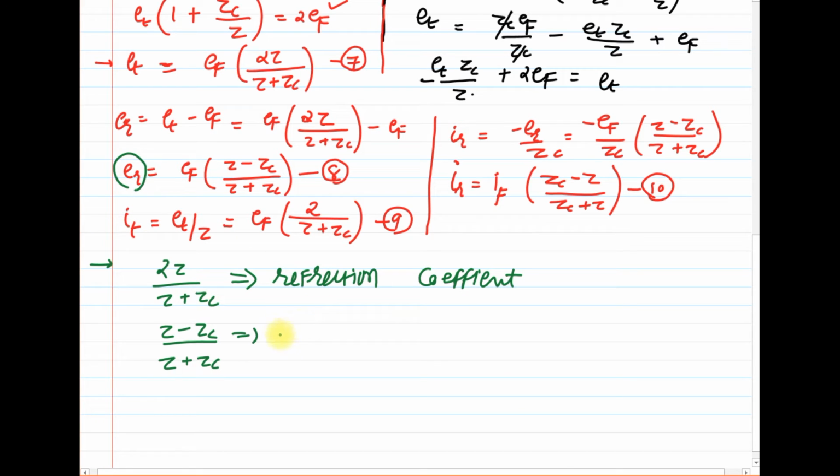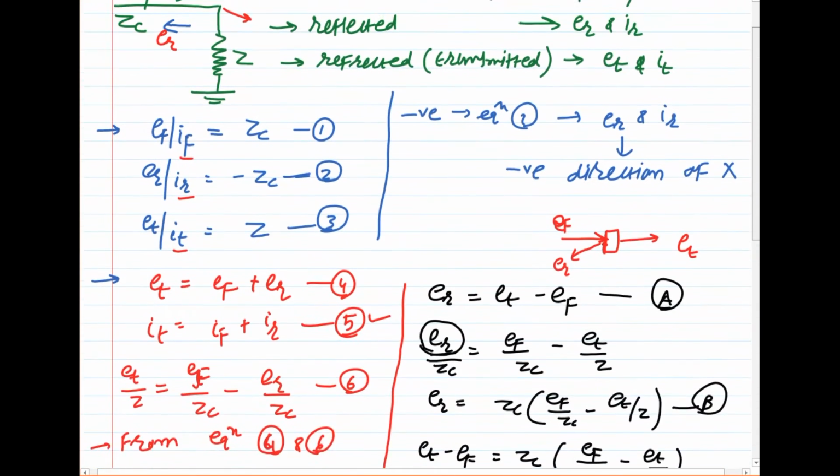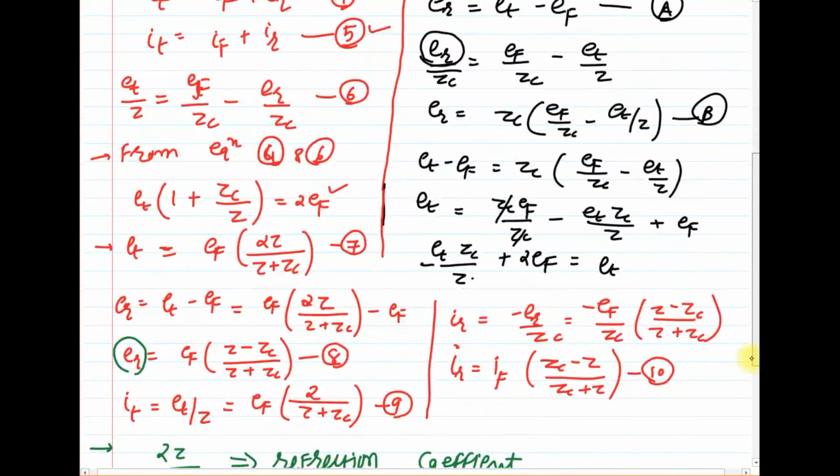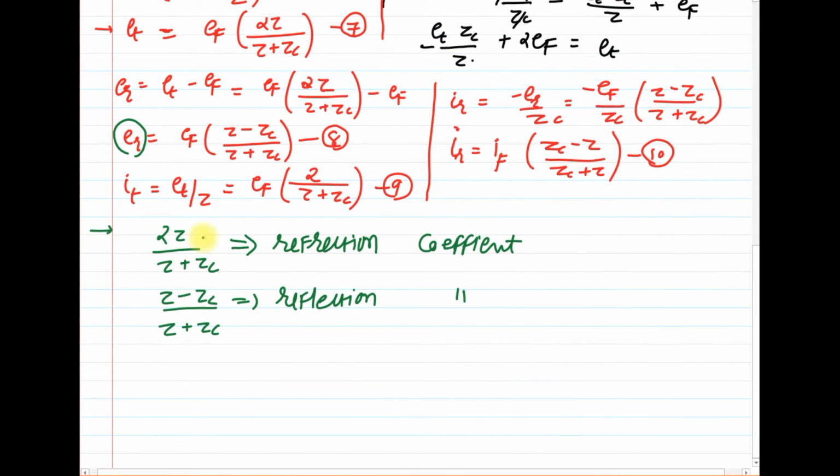So this coefficient is known as the reflection coefficient for the voltage wave on a line having surge impedance ZC which is terminated through the impedance Z. Clear? So here we have derived the two coefficients, the reflection and refraction coefficients of a transmission line.